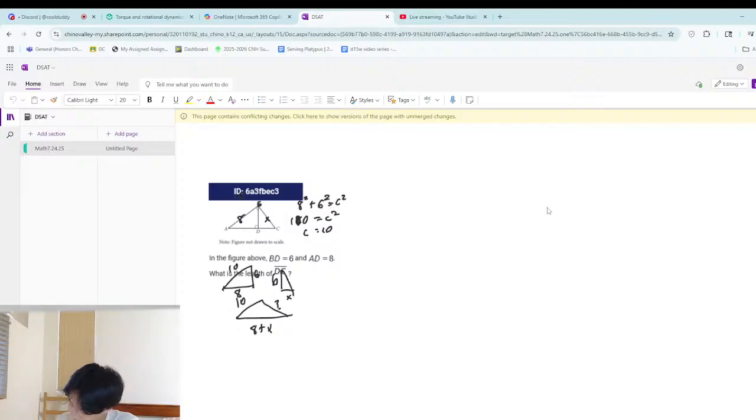C minus 6, right, is equal to X. Gosh, how do you do this? That's a good question.